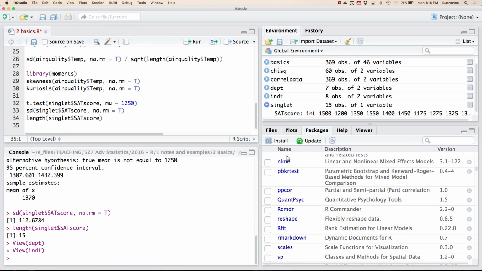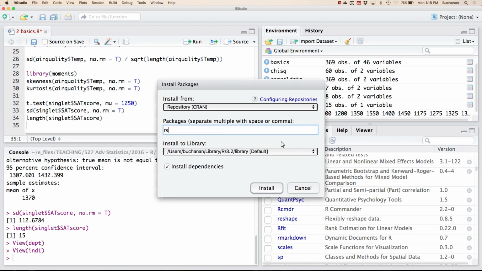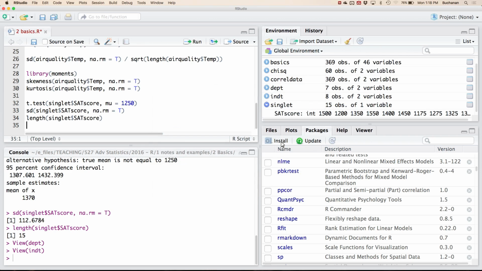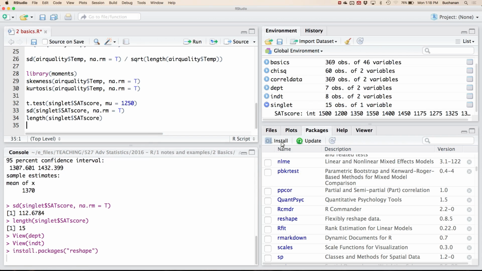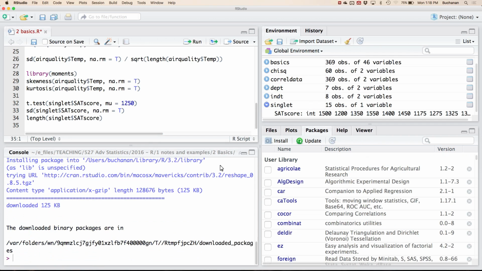If you don't have reshape, click install and then reshape. Even if you do, you could just overwrite it. Reshape. Not 2, just reshape. You need reshape.